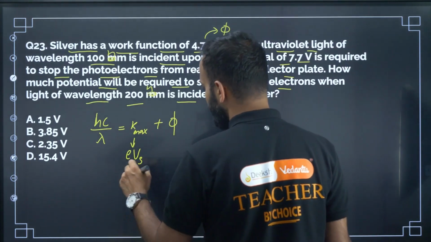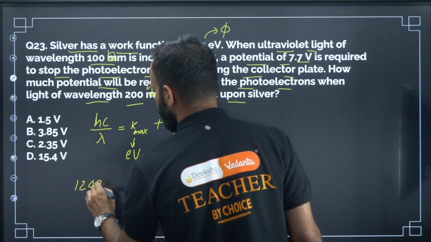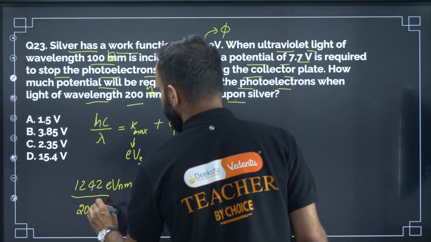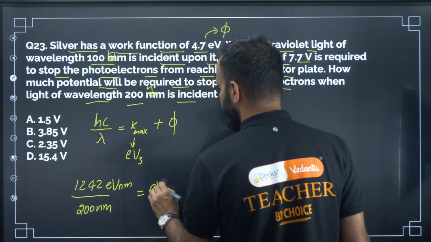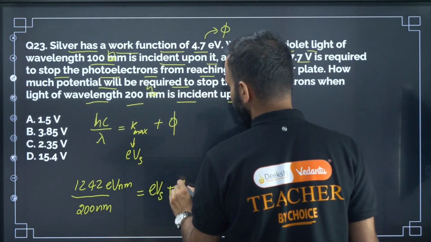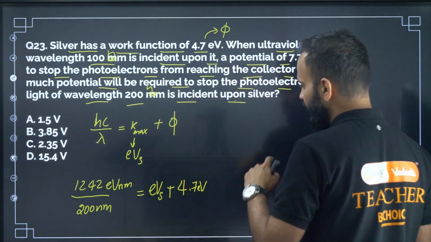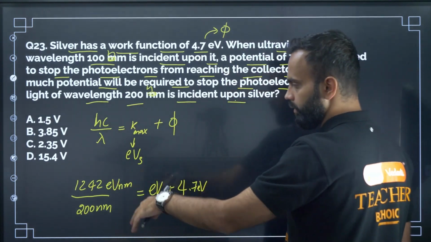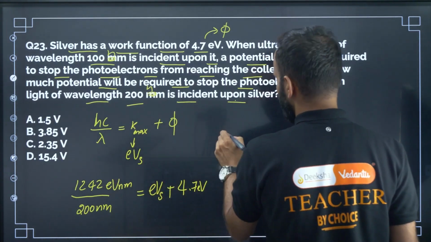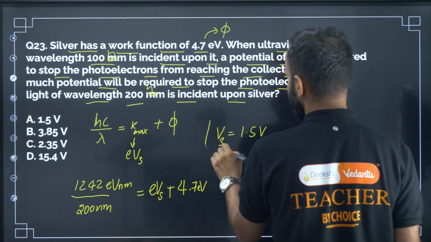Now hc is 1242 electron volt nanometer divided by 200 nanometer equals e into Vs plus phi. Here phi is 4.7 electron volt. On both sides the e term will get cancelled, only the potential will remain. So Vs, the stopping potential, you will get 1.5 volt.